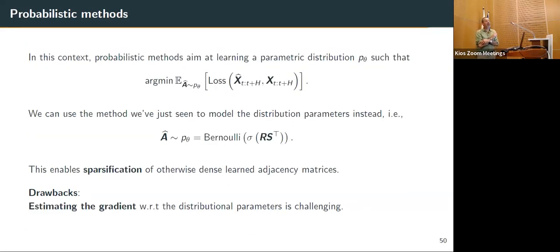So one possibility, if you want either there is a connection or the connection is not there, is to control the distribution of the adjacency matrix. And you say, for instance, that the adjacency matrix has to be binary. So it has to have either 0 or 1, either there is the connection or not. And this adjacency matrix follows a Boolean distribution, so you want the binary values in there, whose expected value, though, depends on the information exchange between the nodes.